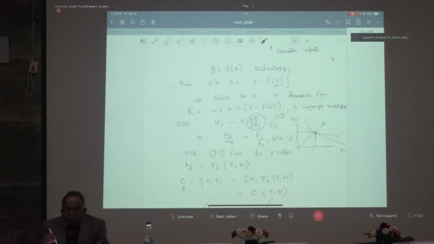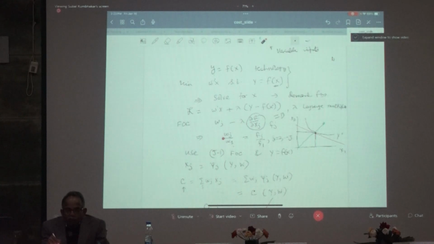And then again, you just look at the first order condition. So what is happening is the ratio of input prices is the ratio of the marginal products, and that is given by the point of tangency. So the slope of this is the ratio of the marginal products, and then again from the cost function you get the ratio of input prices.